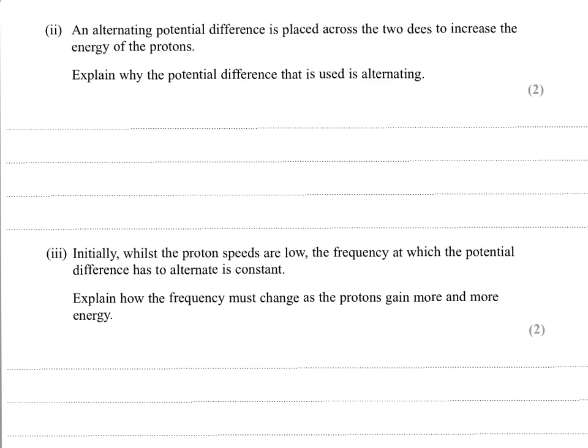The Ds are sitting like this, and the protons are making their way in a spiral around this. So every time they cross, compared to the last time, they're crossing in the opposite direction, so they will need a reversed voltage to make them accelerate as they cross that gap each time, and that's what you need to be explaining.